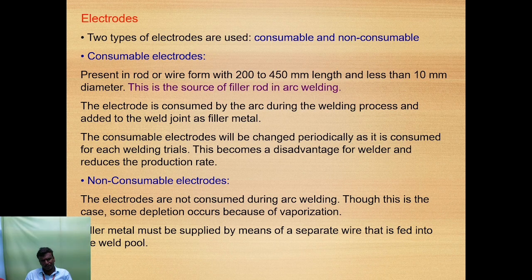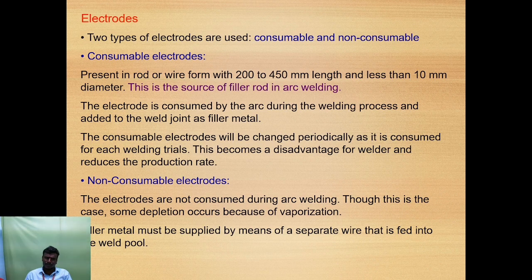The electrode is consumed by the arc during the welding process and added to the welded joint as filler metal. The consumable electrode must be changed periodically as it is consumed for each welding trial. This becomes a disadvantage for the welder and reduces the production rate.